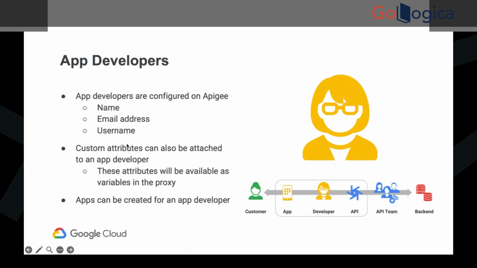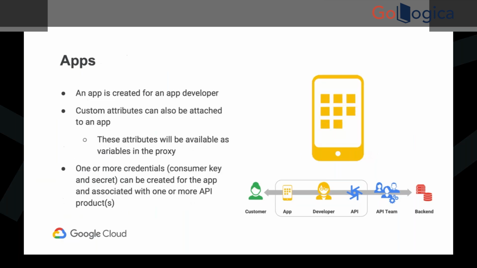Any other information, city, country, any profile information, whatever we are capturing, we have to put in the custom attribute. And it will have the information about the consumer, basically the app developer, who will register the application, and the apps will be registered on APG.